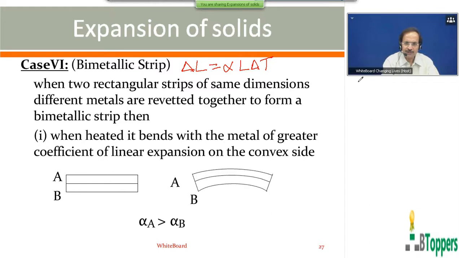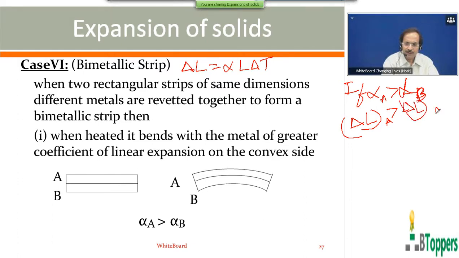When heated, if the coefficient of linear expansion of metal A is more than that of metal B, then the increase in length for rod A will be more than for rod B. That means alpha A is more than alpha B, so delta L for A is more than delta L for B. The increase in length is more, which means the final length is more.